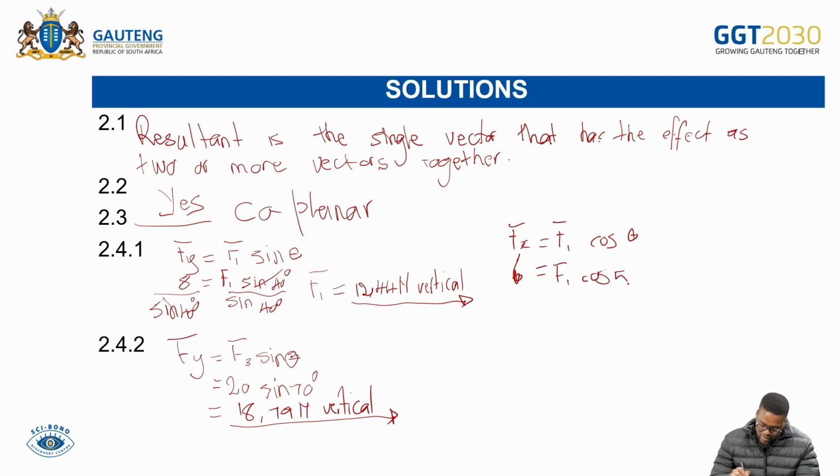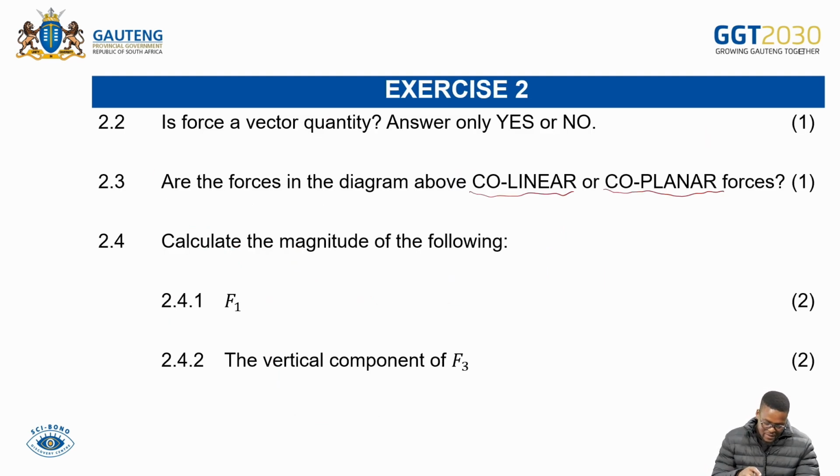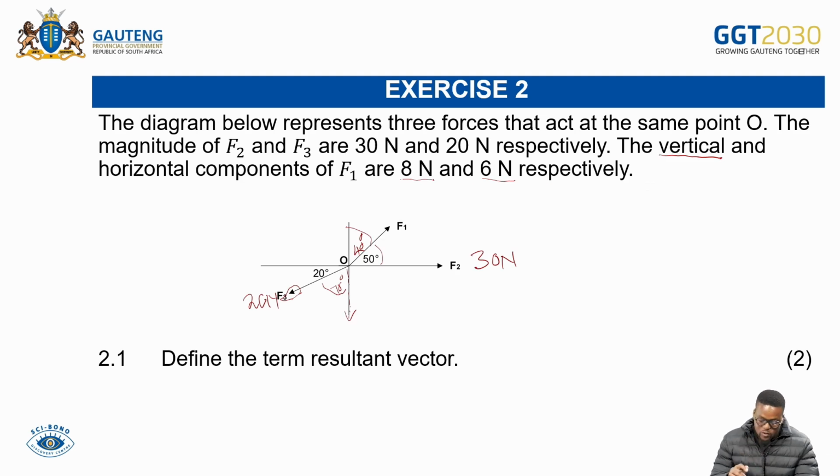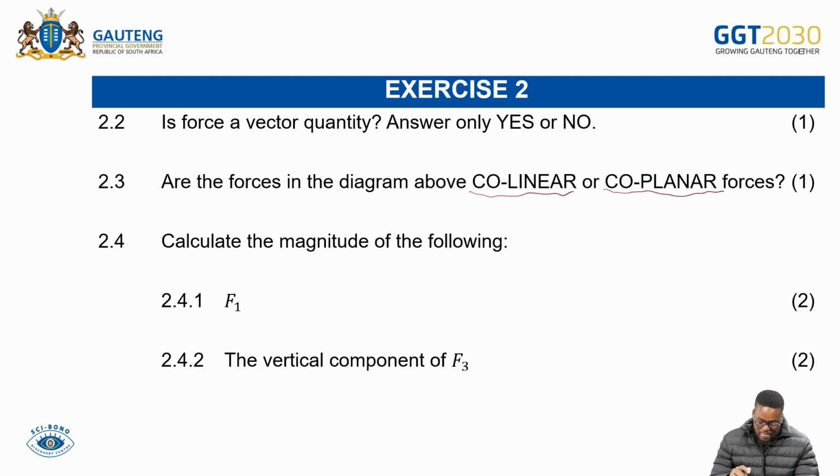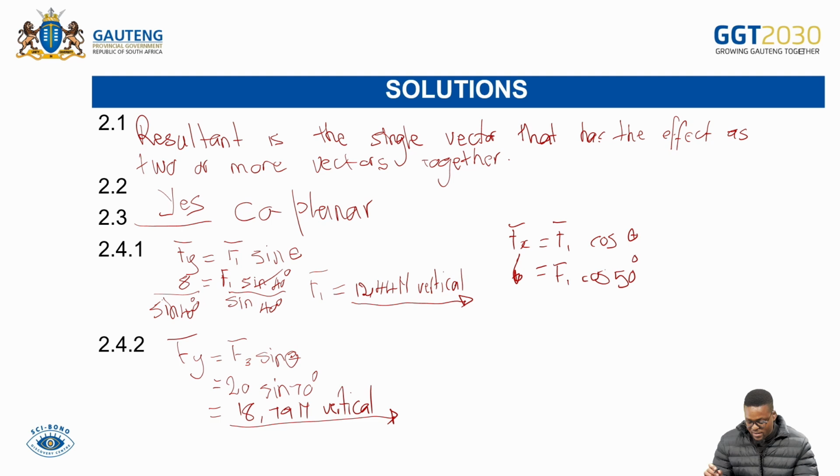So now we have to use cos 50 and see if we get the same answer. You can do that at home. Dividing by cos 50 degrees should give you the same answer.